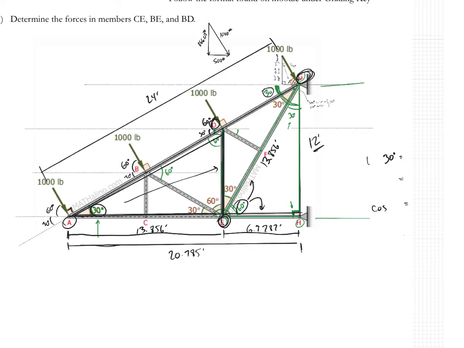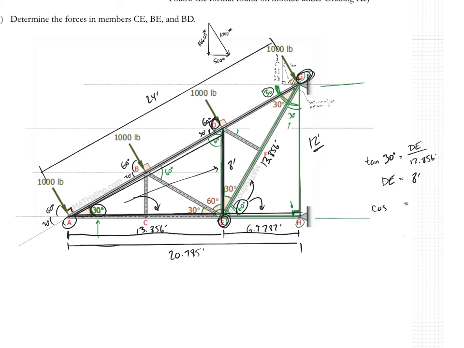So the tangent of 30 equals the opposite, which is DE, over the adjacent, which we know to be 13.856 feet. So we'll take that number multiplied by the tangent of 30, and we're at 8 feet. 8 feet is a nice clean number. We really like 8 feet. That's DE.